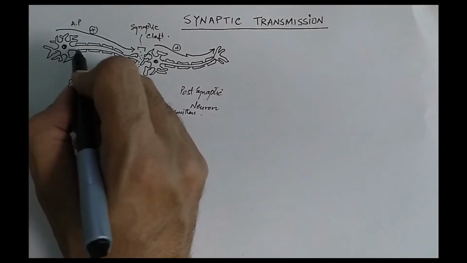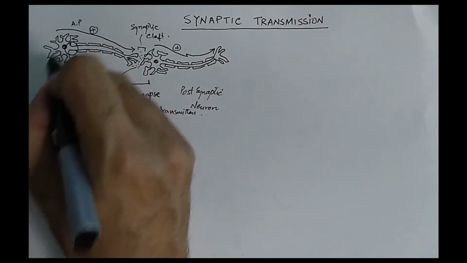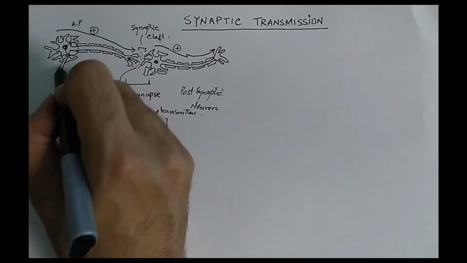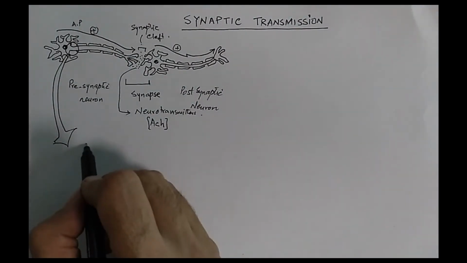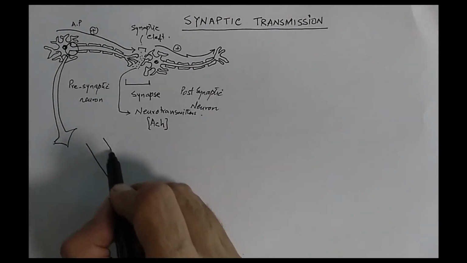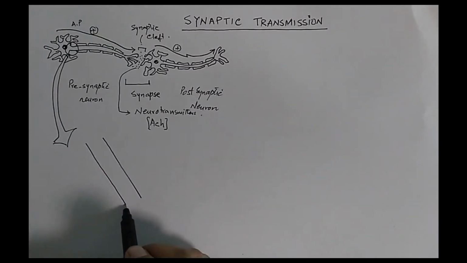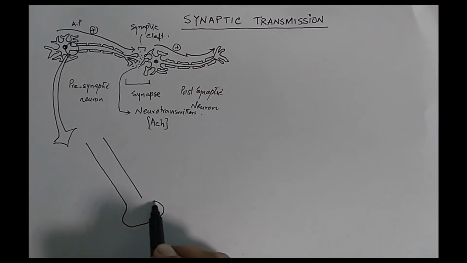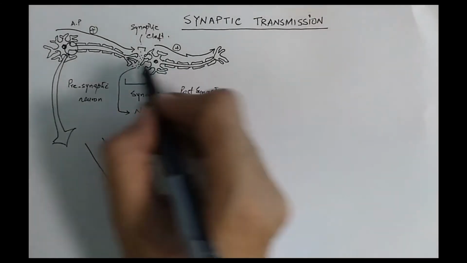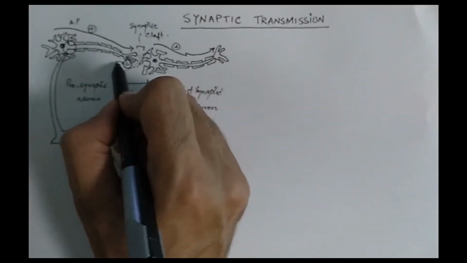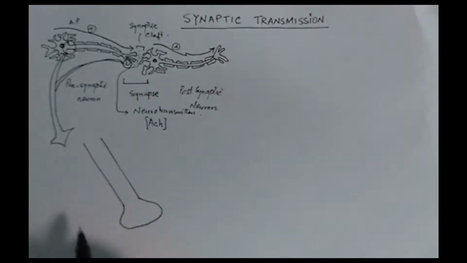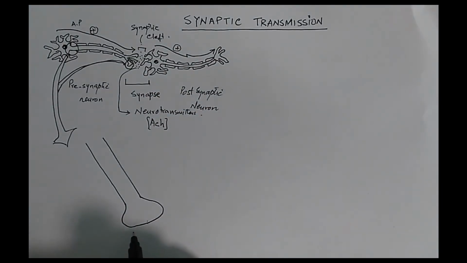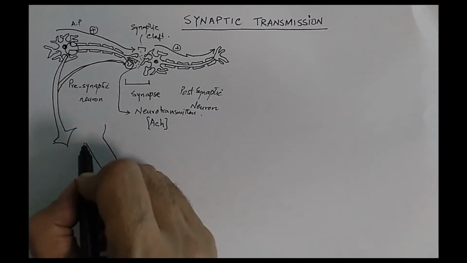If I zoom into this part of the neuron, and this part, right? So this is the axonic terminals and this is the cell body somewhere.